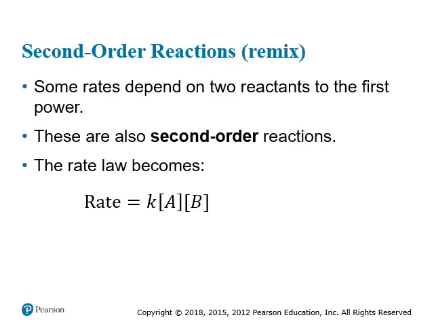It should be noted that there is a second type of second order reaction, one in which we see the rate depending upon two different reactants, each raised to the first power. The example that we saw previously of ammonium and nitrate, where each reactant is first order, combined to give a rate law for a reaction that is considered to be second order overall.